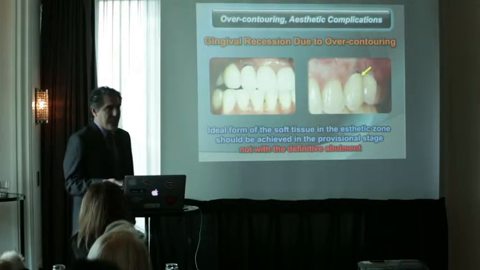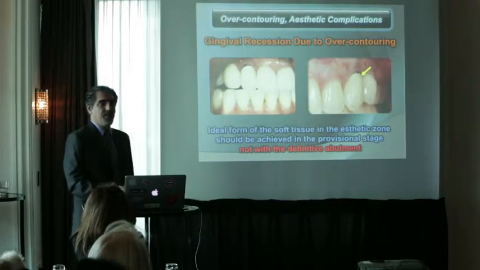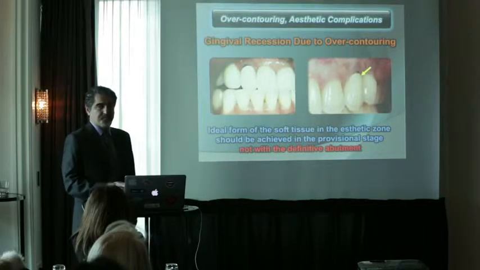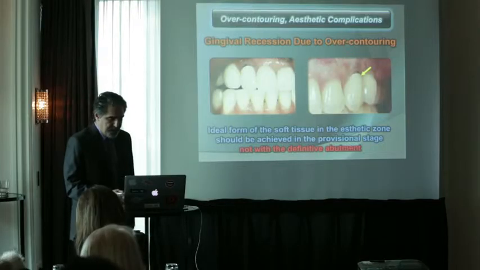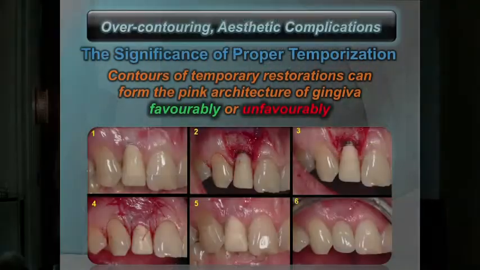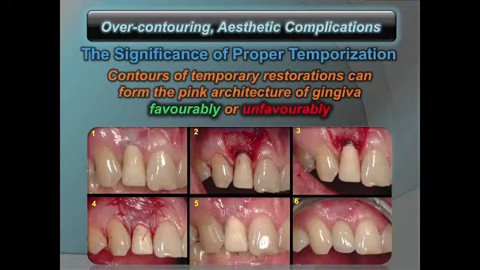But the truth is that when we are not taking those steps, there's a good chance that we have unpredictable results. I want you to take a look at this case that we had, and it's very interesting that the temporary was made with a bulky contour.